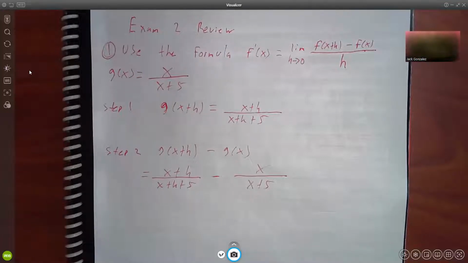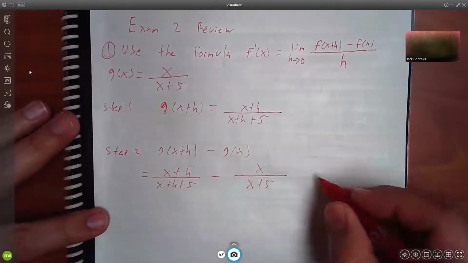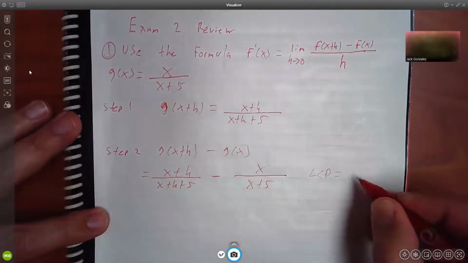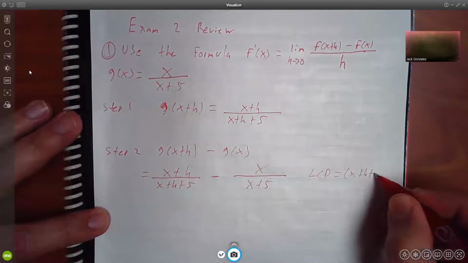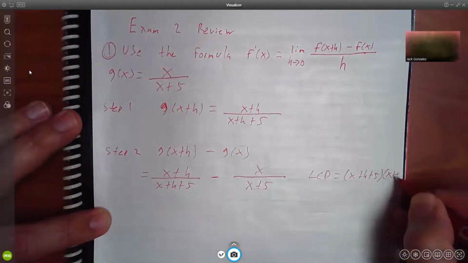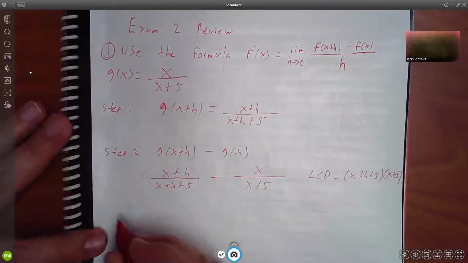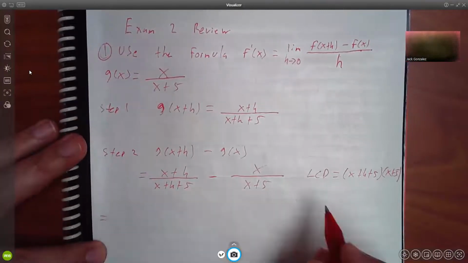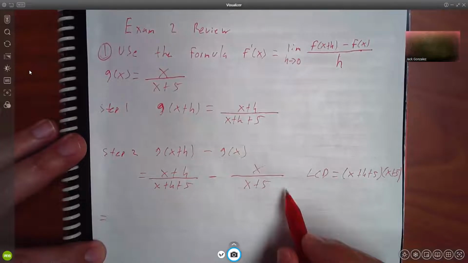Now we have to add fractions. Life sucks. Oh well. So LCD, I'll make a note here, is going to be the product of these two. So this one will need the x plus 5. This will need the x plus h plus 5.